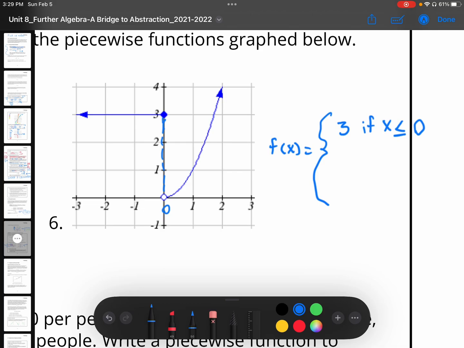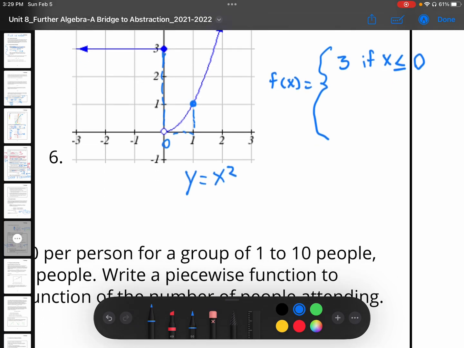Now for the other part, it looks like a parabola, and I know this parabola is not being stretched because of this first point right here. Because if you remember, on any quadratic function, one of the first points you have could be -1, 1, 0, 0, 1, 1.